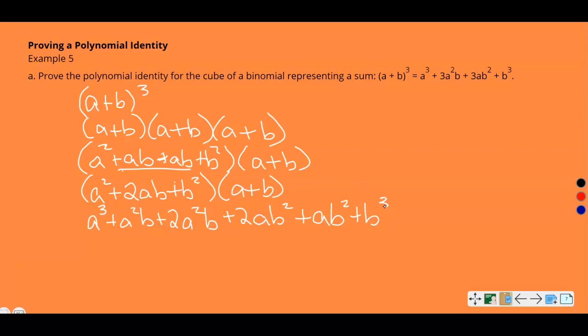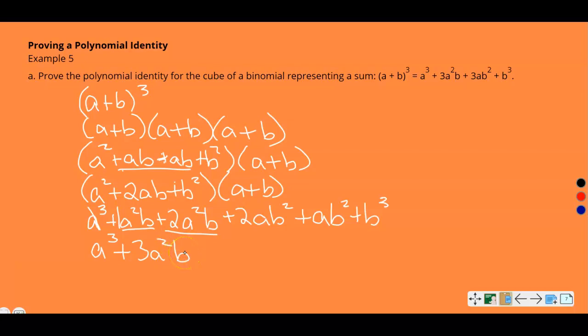All right, so we have a cubed. And the next term we're going to have is anything that has an a squared. So we have a squared b and 2a squared b. If there's no number here, again, remember that's a 1. 1 plus 2 is 3 a squared b's.